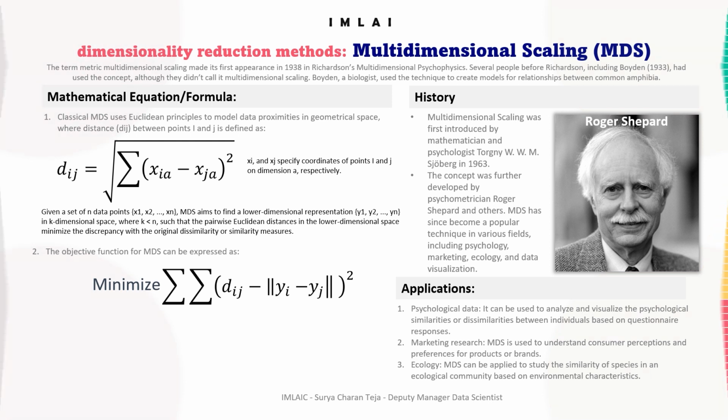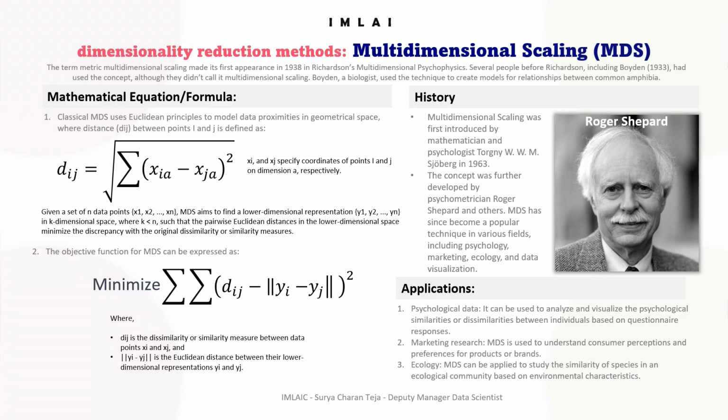Here d sub ij is the dissimilarity or similarity measure between the data points xi and xj that we have calculated with the above formula, Euclidean distance, and the modulus of y sub i minus y sub j is the Euclidean distance between their lower dimensional representations y sub i and y sub j.